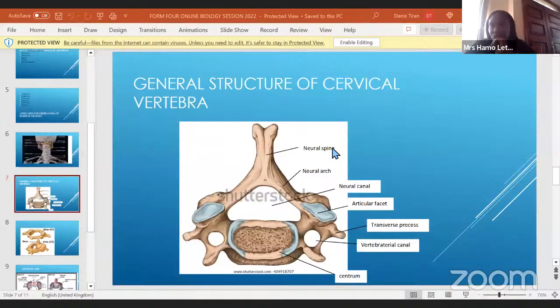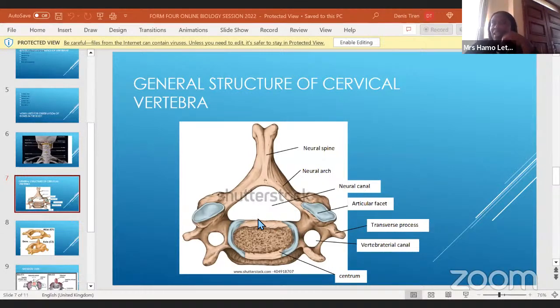Then we have the neurospine that is going to increase the surface area for muscle attachment, and it is normally going to depend on the position of the vertebra. The more the muscles, the longer the neurospine. Then we have the boundaries of the bone, where to protect the spinal cord. It is referred to as the neural arch.